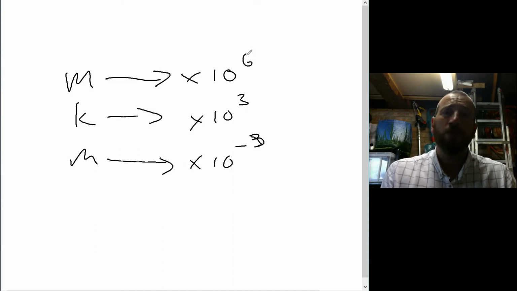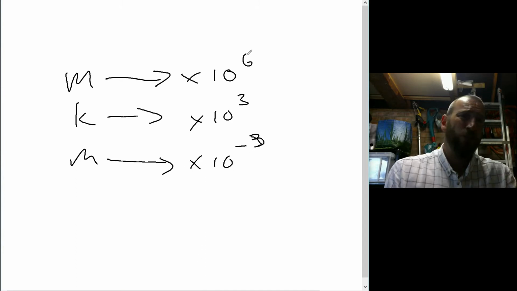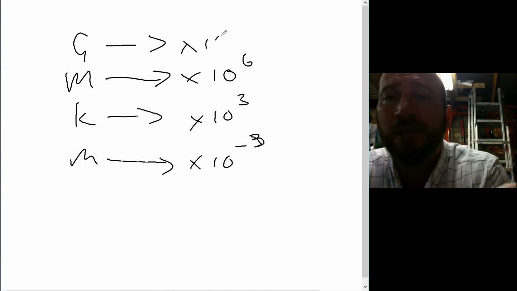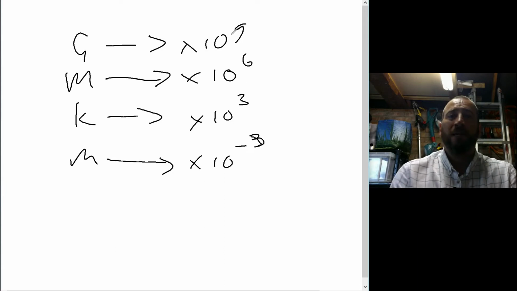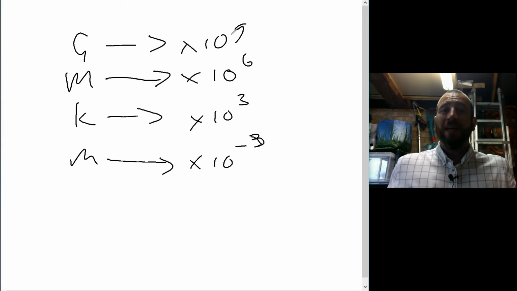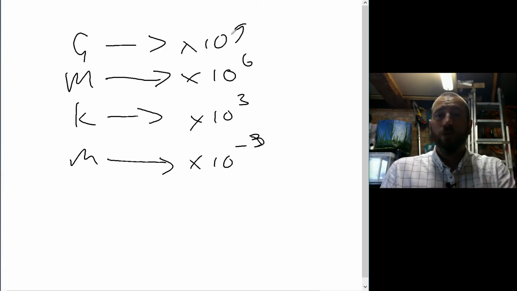We don't need to move decimal places or add zeros. Times 10 to the 6, done. Above that, kilo, mega, giga is times 10 to the 9. You might have a gigabyte of storage on your computer. 10 gigabytes is 10 times 10 to the 9. Don't change decimal places. Don't add zeros.